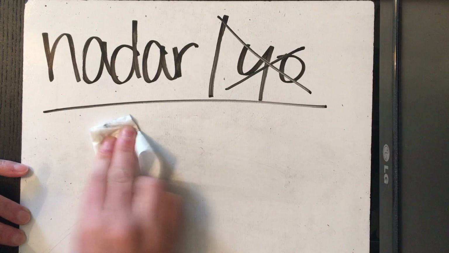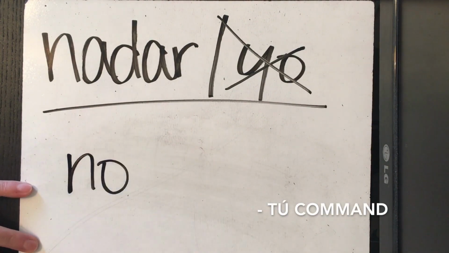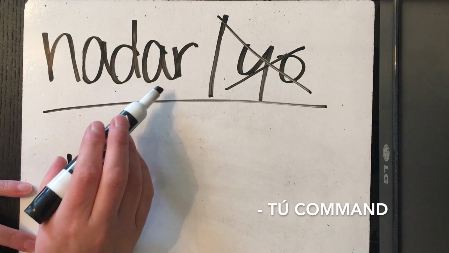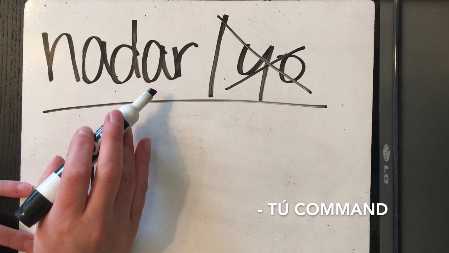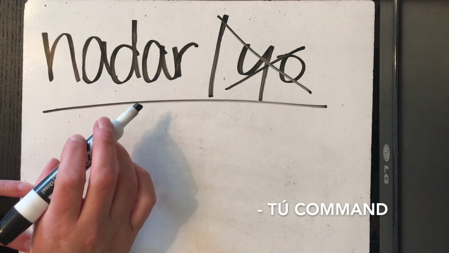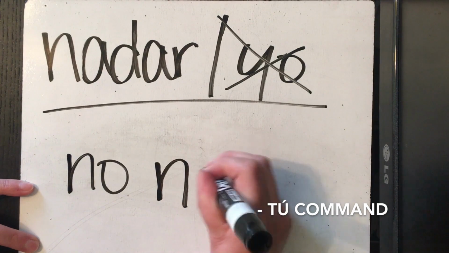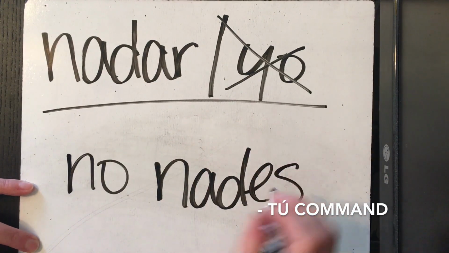If you want to tell a friend don't swim, so a negative tú command, we're going to put a no in front, and then we go to yo, drop the o, add the opposite ending, and that's what we're going to do for all the rest of the commands. So go to yo, nado, drop the o, add the opposite ending. We would have no nades, telling a friend, don't swim.